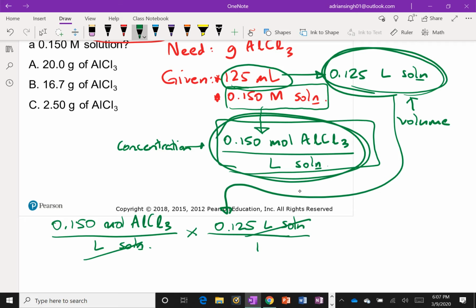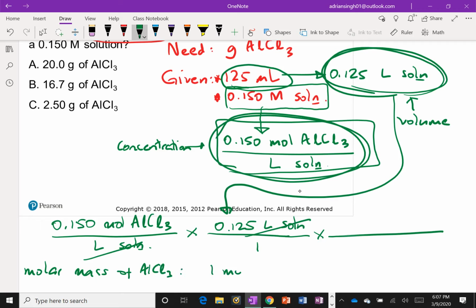And once we get to moles, we can convert moles to grams for AlCl3. Right? Because if we have a periodic table, you can calculate the molar mass of aluminum chloride. Right?